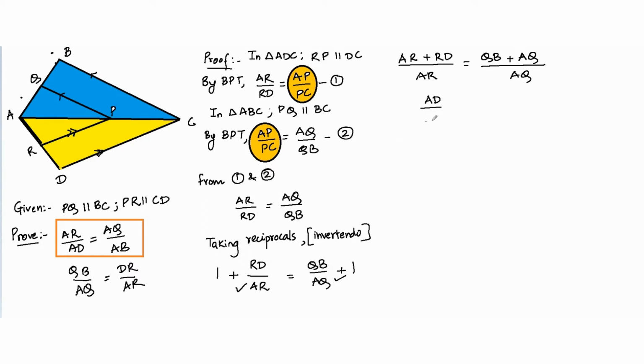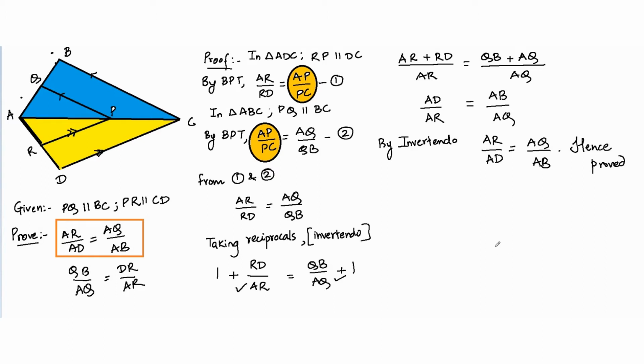So I get AD upon AR is equal to, QB plus AQ is equal to AB, divided by AQ. And again taking the reciprocal, by invertendo, what we now get is AR upon AD is equal to AQ upon AB, and this is exactly what we wanted to prove. Hence proved.